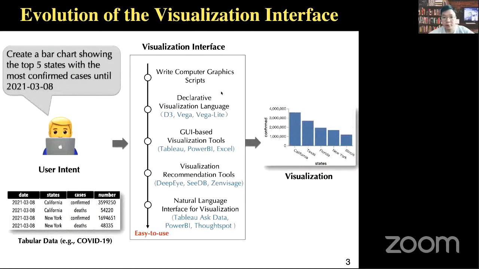Or the user can choose GUI-based visualization tools such as Tableau and Power BI, or use recommendation tools such as DeepEye and CDB. In terms of ease of use, the natural language interface for creating visualizations is the simplest way for the user.